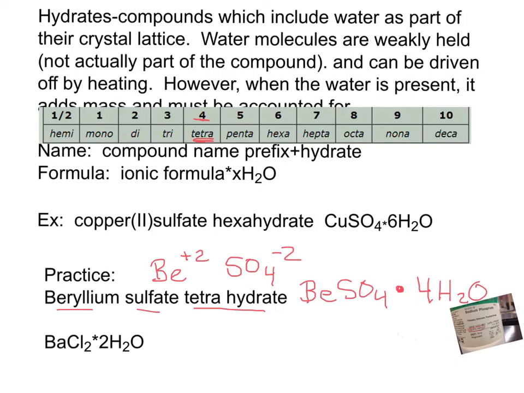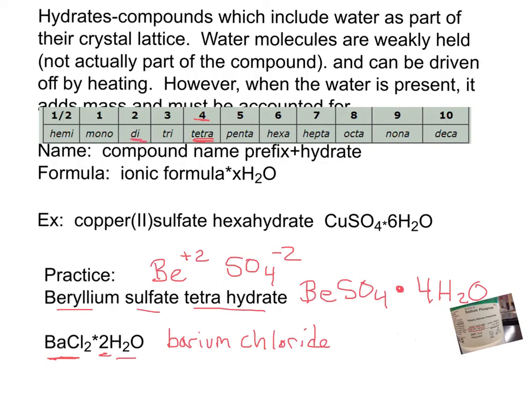Alright, now down at the bottom then we have one where we're only given the formula, and we would of course be asked to name this one. So again, we're going to look at the ionic formula at the front. Hopefully you can figure out that that's barium chloride, and barium chloride is associated with 2 H2O's, so 2 would be di.